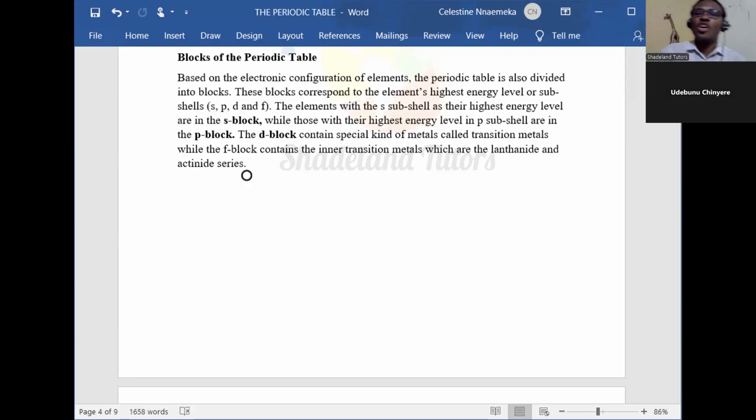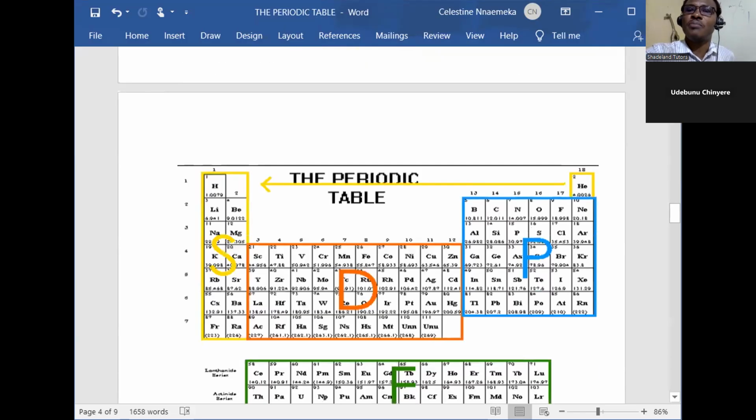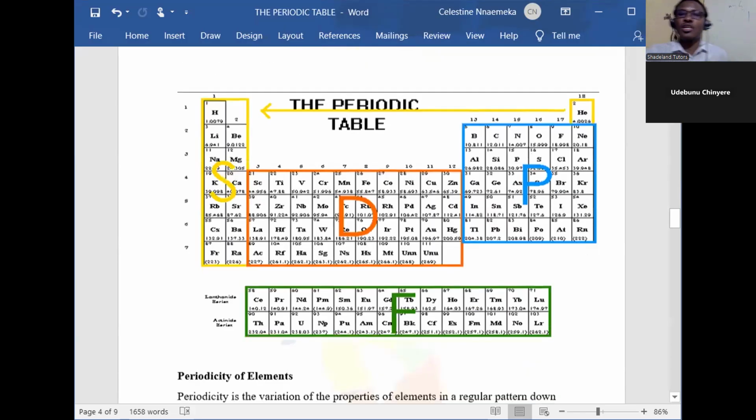So these blocks, let me show us the blocks. We can see the blocks here. We have the S block, as you can see there. We have the D block. We have the P block. And we have the F block. Now, these elements in the S block, you can see that S block is for groups 1 and 2 only.